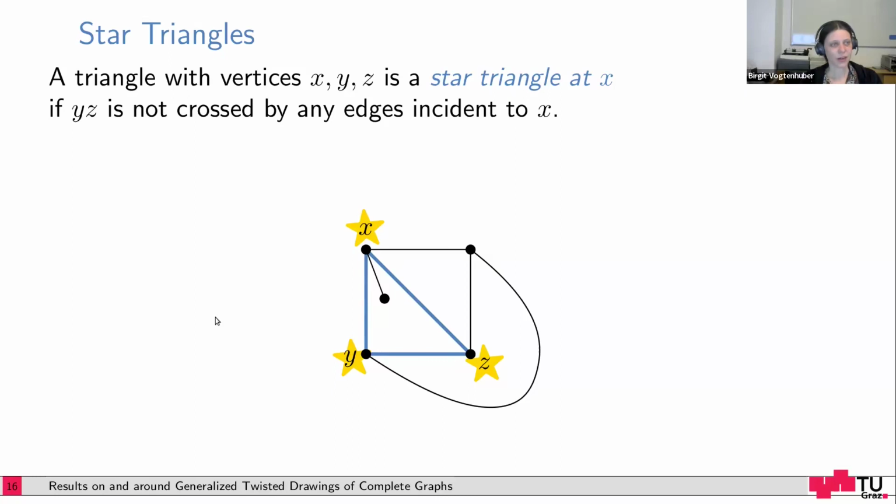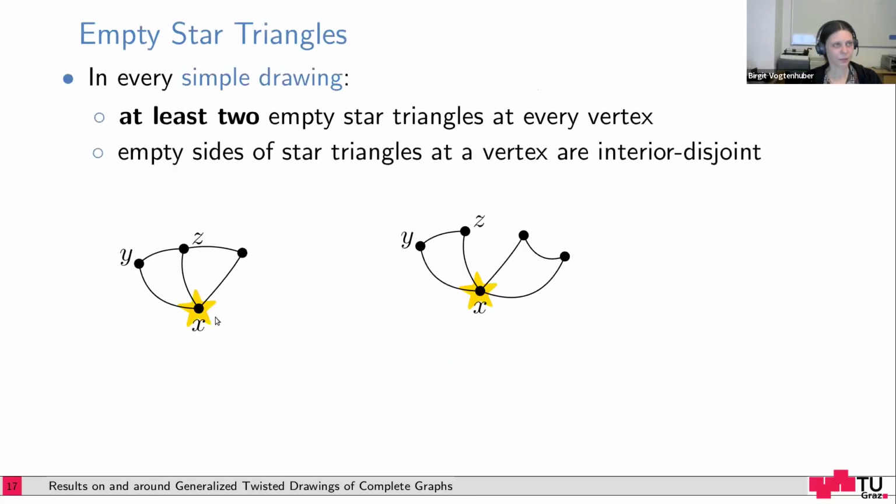Now, why are star triangles interesting? If we take an arbitrary simple drawing of the complete graph, then Andres Ruiz Vargas and Rado Fulek showed that every vertex is incident to at least 2 empty star triangles, and the empty sides of these empty star triangles are interior disjoint. So they might share an edge, they surely share the vertex, but they don't overlap in their interiors.